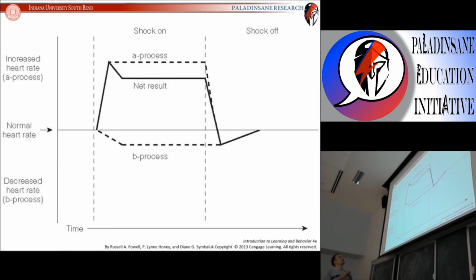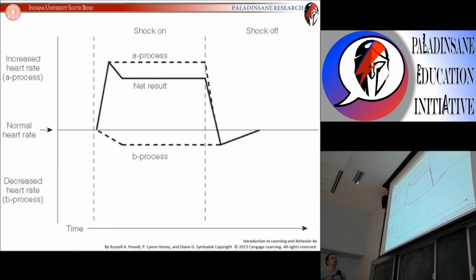When that is occurring, the B process, which is the flip side process here, also gets initiated by your body. That's your body trying to maintain your normal levels, trying to get you back to that homeostasis. So as soon as your heart rate goes up, your body starts this B process and says, you know what, let me try to bring that heart rate down.